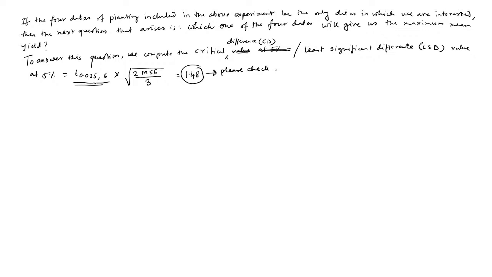This is the critical value of the t distribution, the upper 2.5 percentile point of the t distribution with 6 degrees of freedom. You can use the t table or you can use R code, that is qt 0.975, 6, rounded to 3 decimal places, and I get 2.447. After using this value with MSE, I get the LSD or CD equal to 1.48. Please check, follow me.